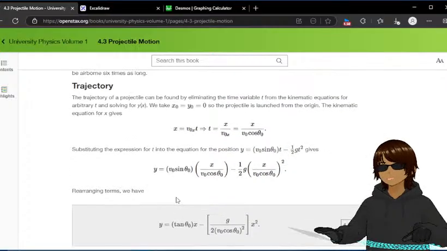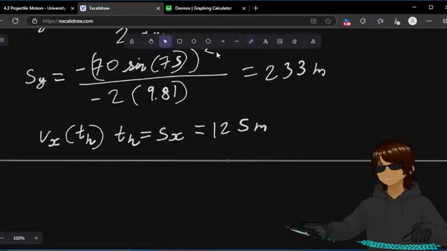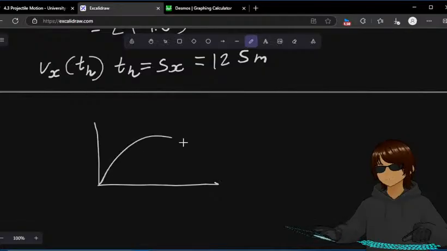So they're finding a y position at a particular x position, right? I think what they're trying to do is, like we have motion like this.